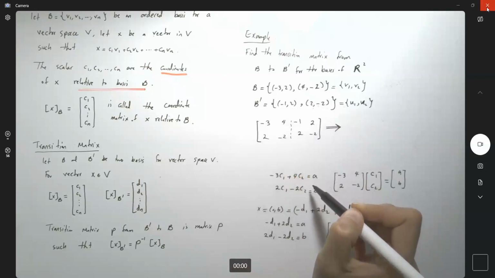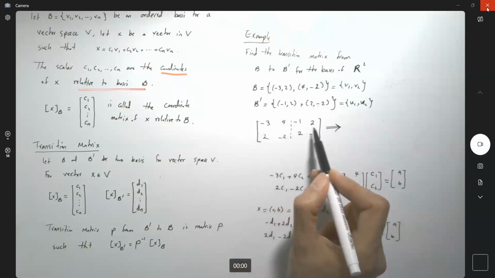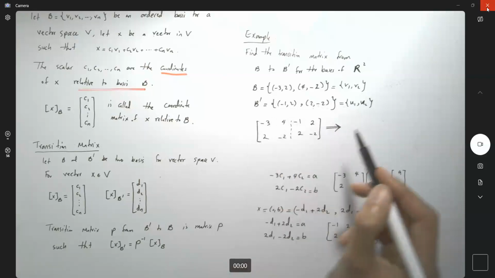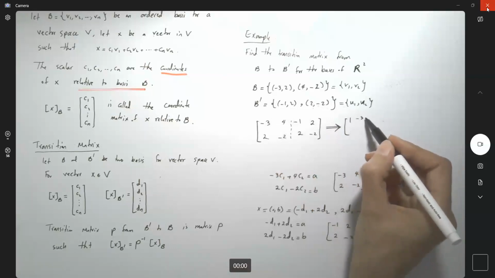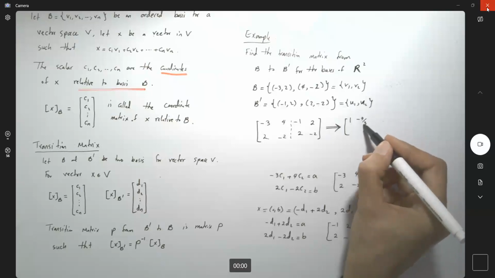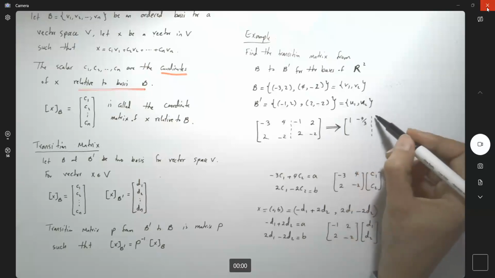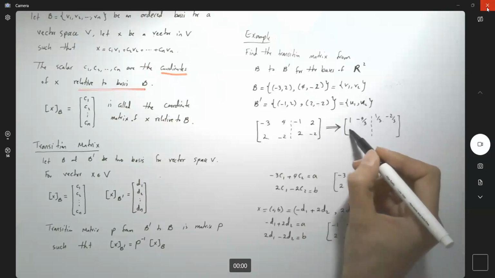If you try to reduce this, you can, for example, divide the very first row by -3. You get 1, -4/3, and here you have 1/3, -2/3. And here you have 2.